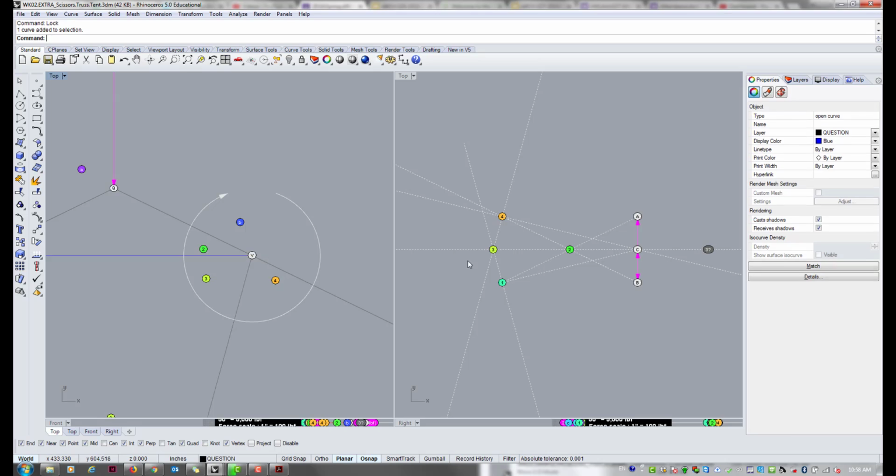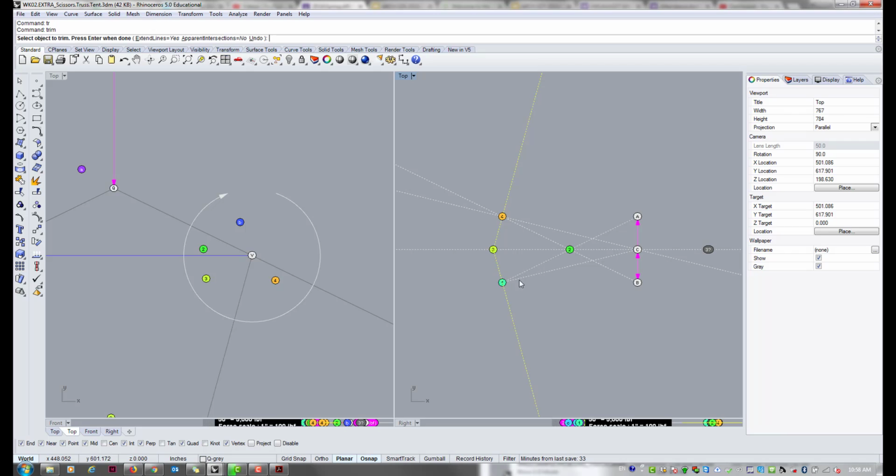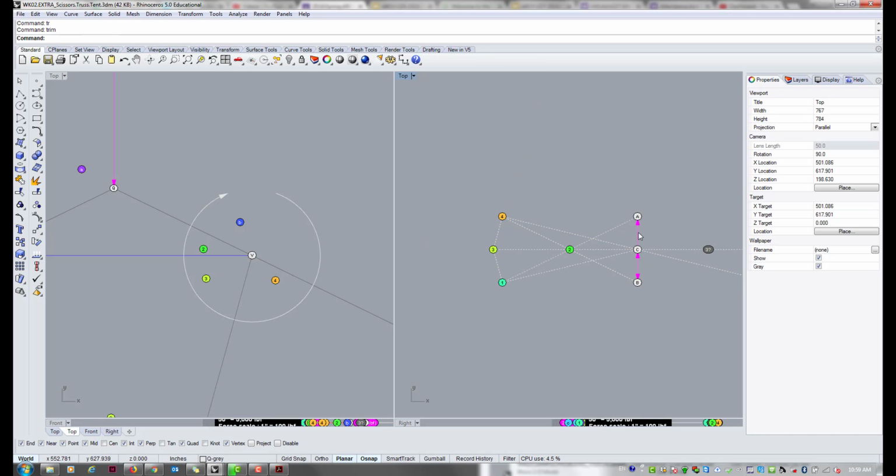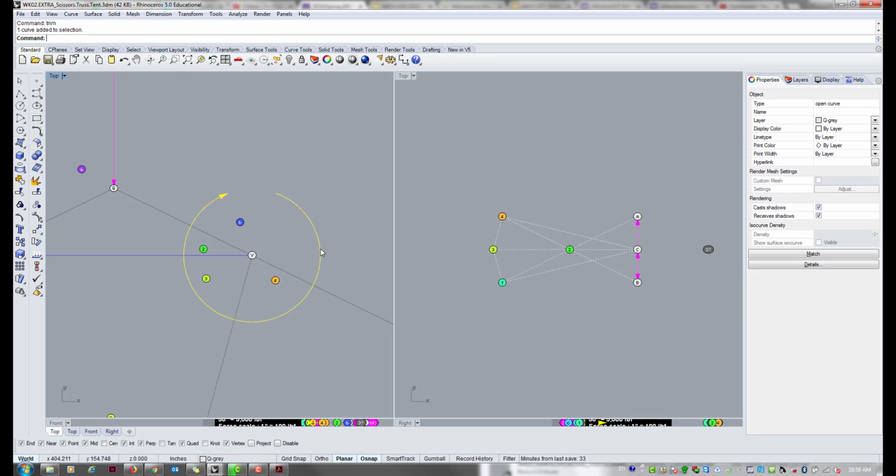And then there's 3, 2, which is between these two. And I can remove all these extra links. So that's more or less, I believe, the diagram.